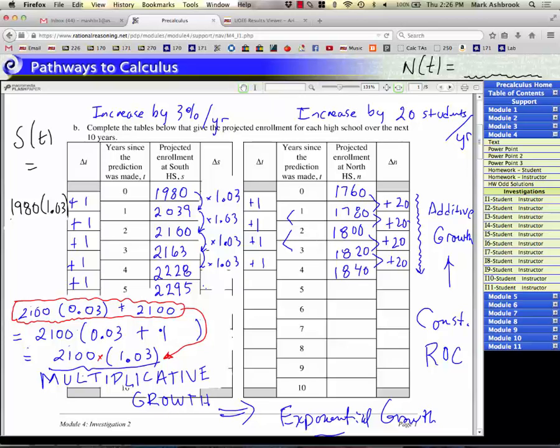Oh, yeah. Yes. Growing 3% every year. Okay, but then what does that result in? How do we get the next? How do we increase by 3%? You multiply by 1.03. So in 10 years' time, what would the process look like to find the enrollment after 10 years' time? So Valerie, what would that look like after 10 years to get that enrollment? Jonathan?